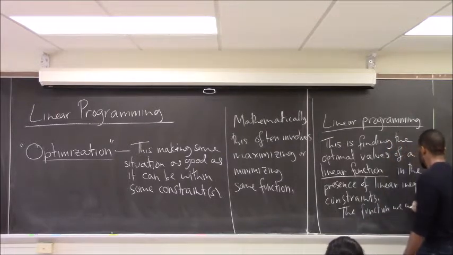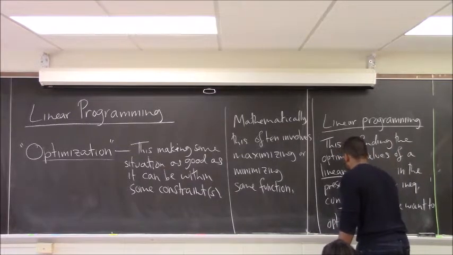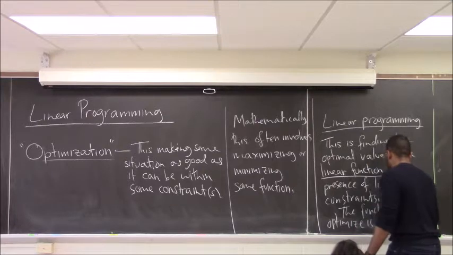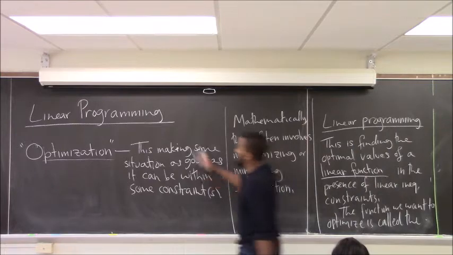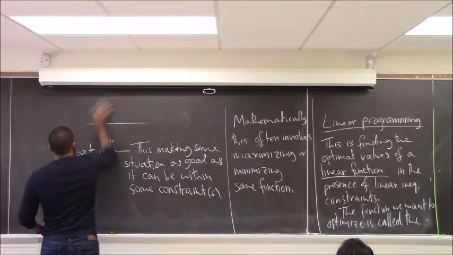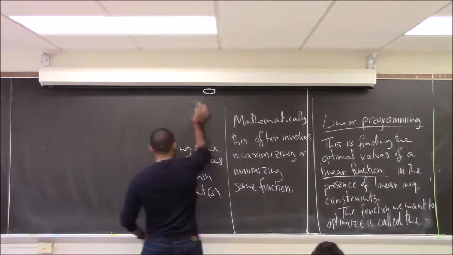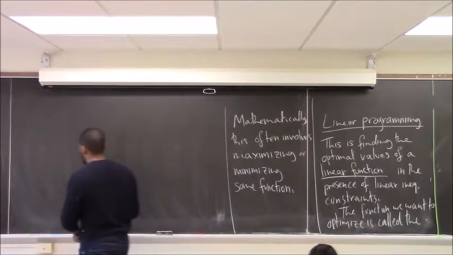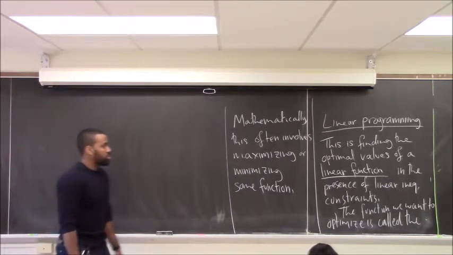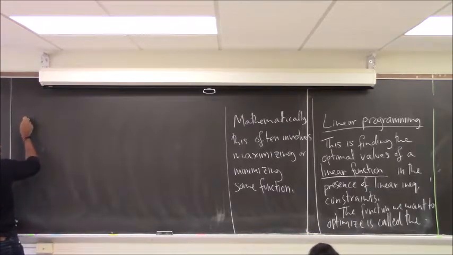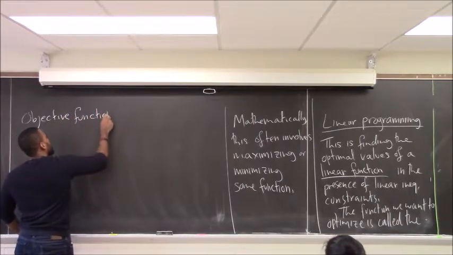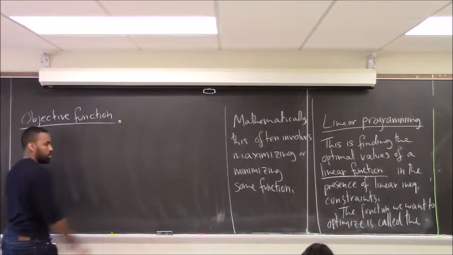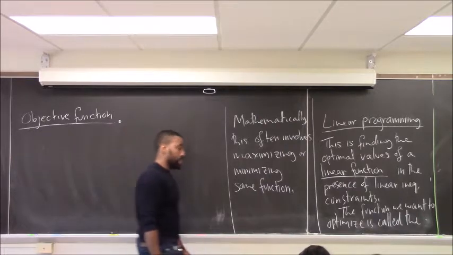The function we use to optimize is called the objective function. You'll use the same language in calculus, by the way. You'll learn about the objective equation. So you have some objective function. It is a linear function.